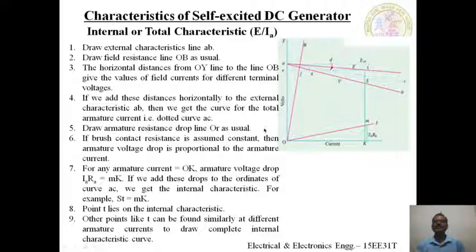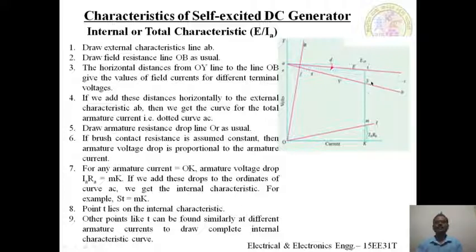The horizontal distance from the OY line to the line OB gives the values of field currents for different terminal voltages. If we add these distances horizontally to the external characteristic line AB, then we get the curve for the total armature current, that is, this dotted curve AC.